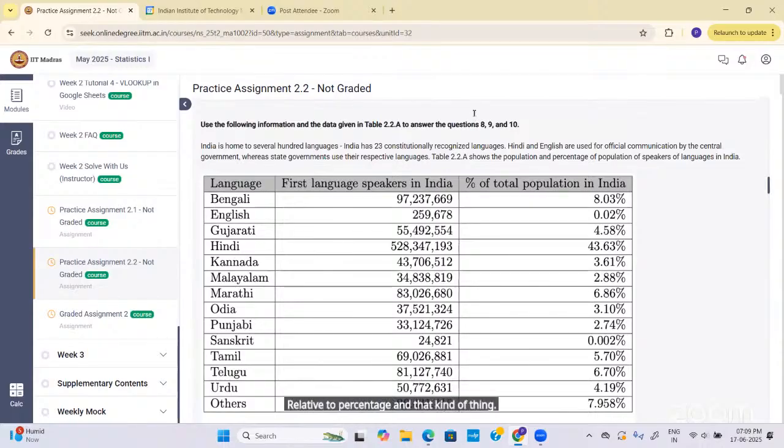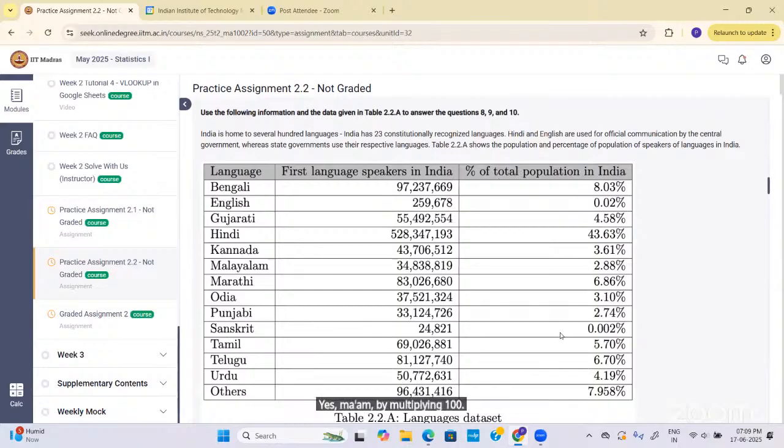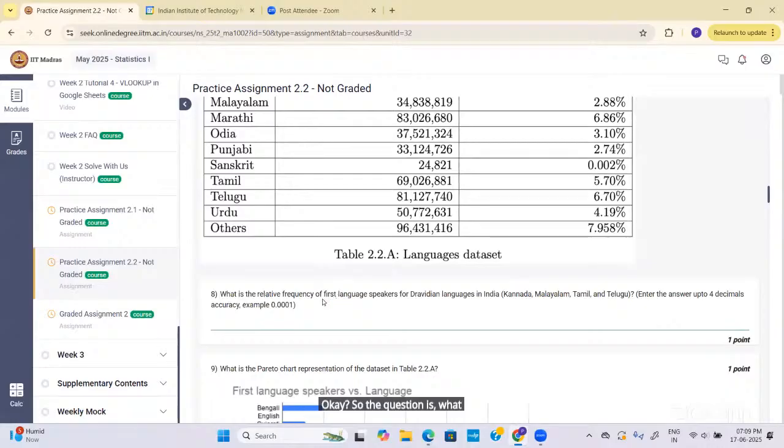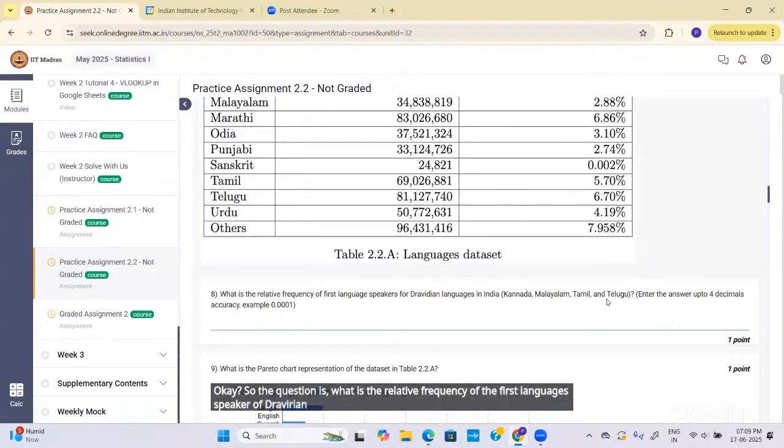If you have relative frequency, you can convert it into percentage by multiplying by 100. Here, first of all, we are given the percentage of population. The question is, what is the relative frequency of the first language speakers of Dravidian languages in India?